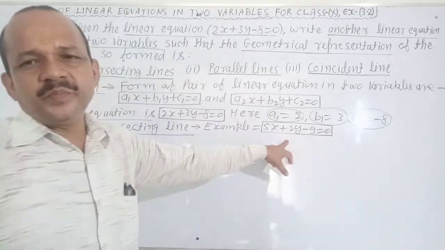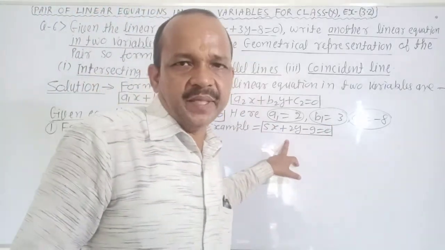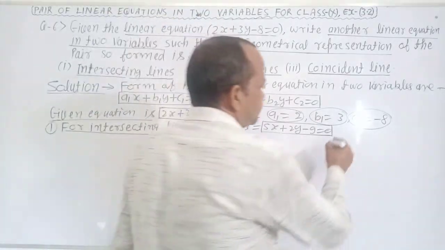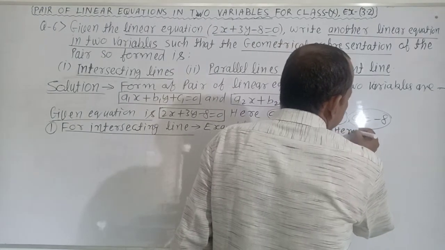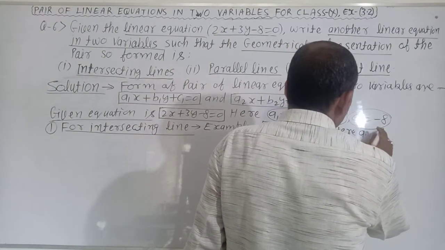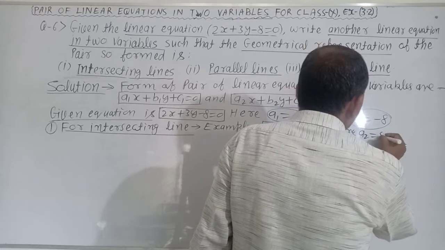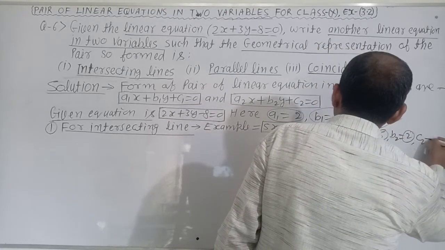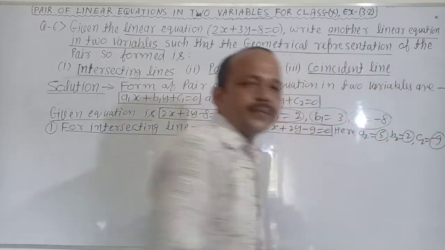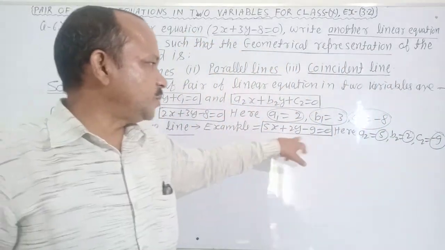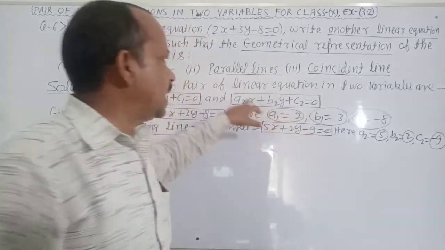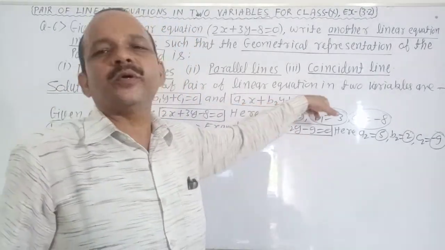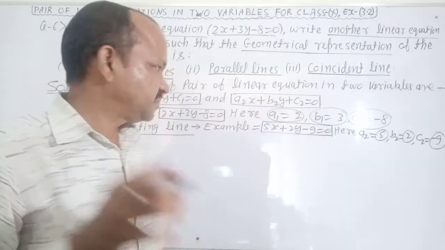It is an example of a linear equation in two variables for intersecting line. Clear? Here a2 equal to 5, b2 equal to 2, c2 equal to minus 9. Here a2, b2, c2 according to the form of a pair of linear equations in two variables, a2x plus b2y plus c2 equal to 0. Clear?